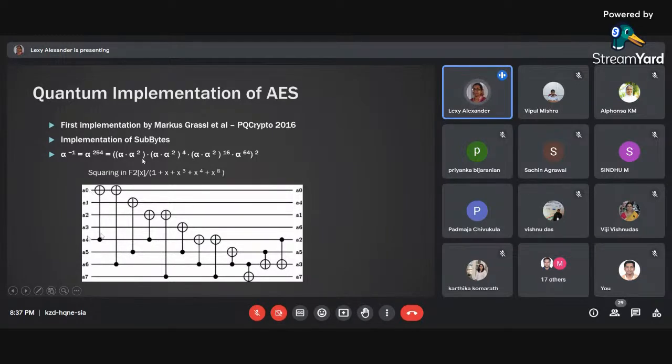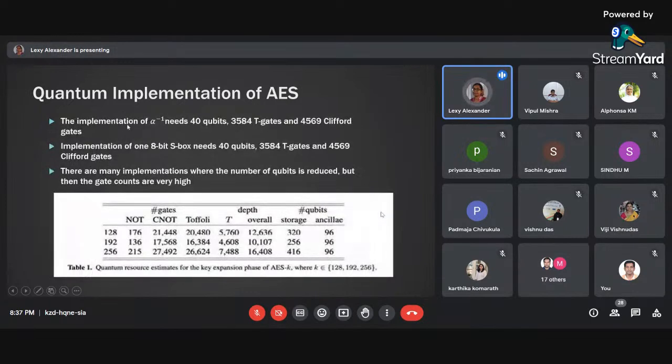It uses 8 qubits, A0 to A7, applies many CNOT gates, and you get the output A0 to A7, which is the square of the input. This circuit you may have to call many times to compute alpha to the power 254, with different inputs like alpha square, and so on.